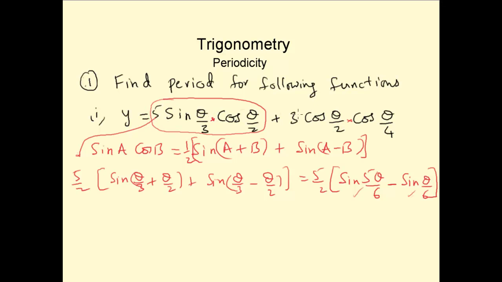Similarly, let's convert this product between cos and cos, cos A cos B, to a sum or difference of cos. What is the formula for cos A cos B? That would be half cos(A plus B) plus cos(A minus B).